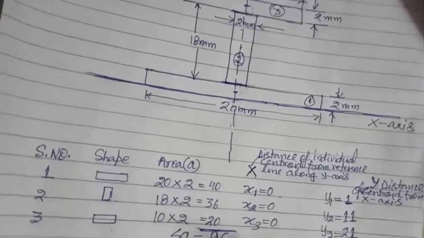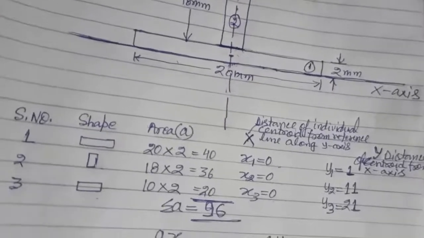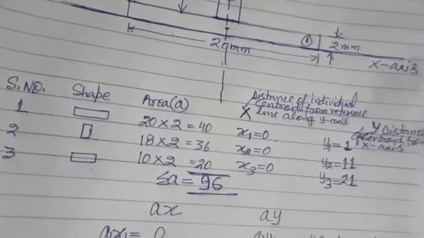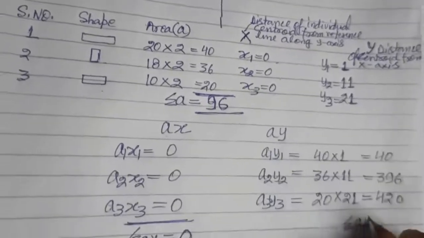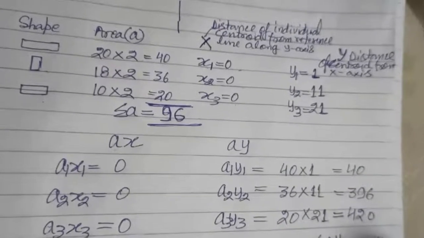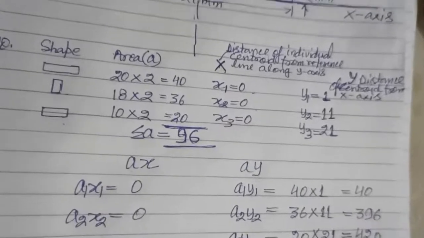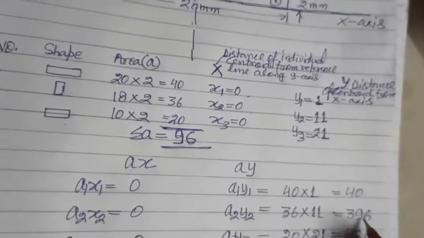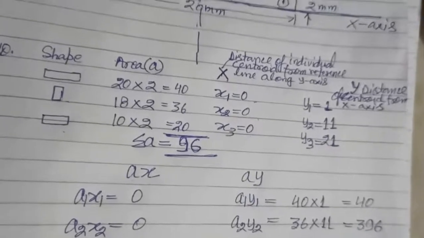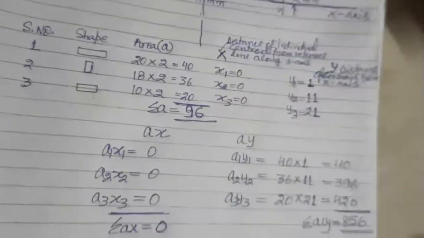This is summation A, and summation AX is 0, and summation AY is equal to 856.